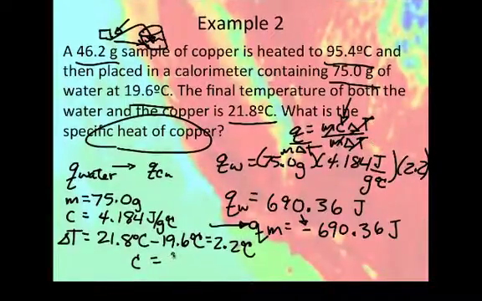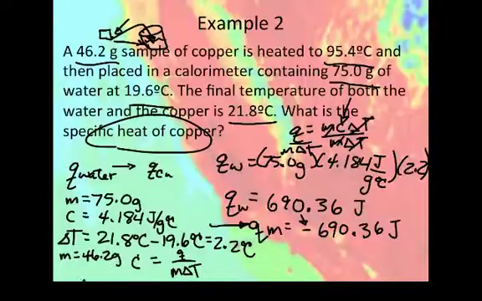So I get C is equal to Q over m delta T. Remember, for this situation, the mass is the mass of the metal now, so it's 46.2 grams for this mass, not the mass of water. And then delta T is the temperature change of the metal.